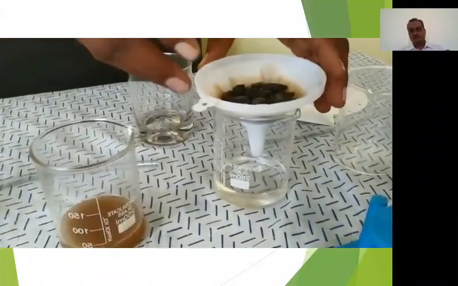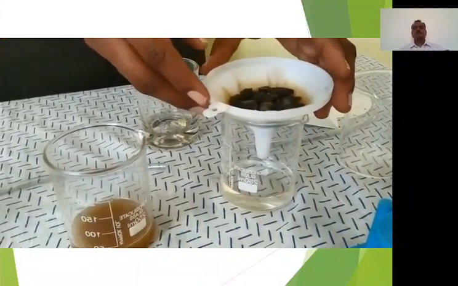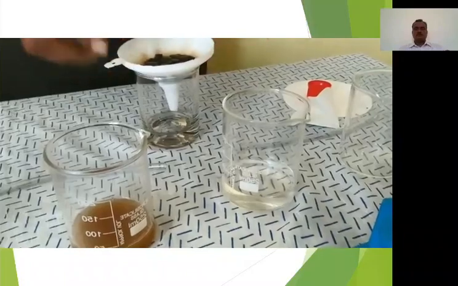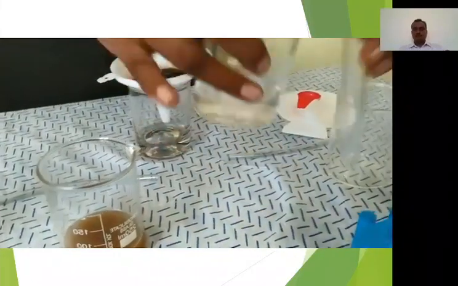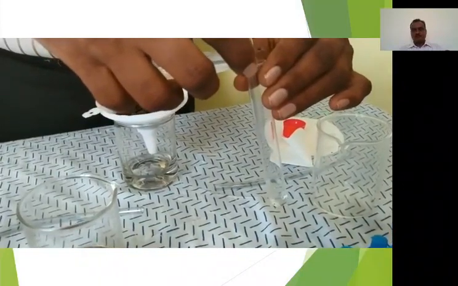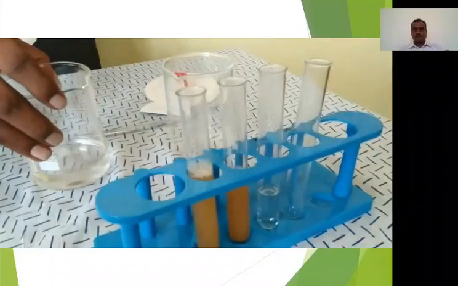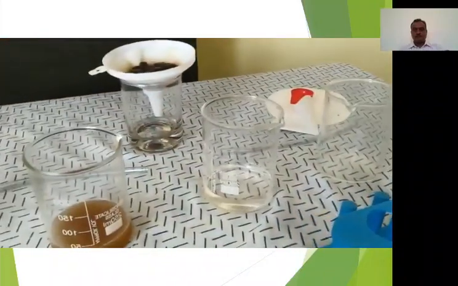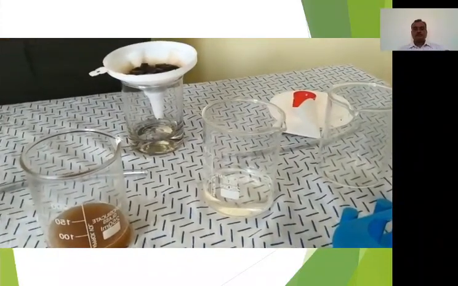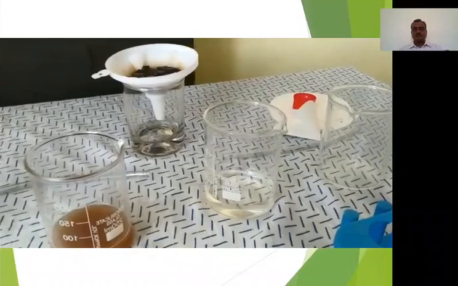Pour this sample of the filtered water into a third test tube and label it as sample 3, that is filtered. Test tube number 3, sample 3, filtered sample. Now, further add a chlorine tablet or powder to the filtered sample and mix it until the water is clear.